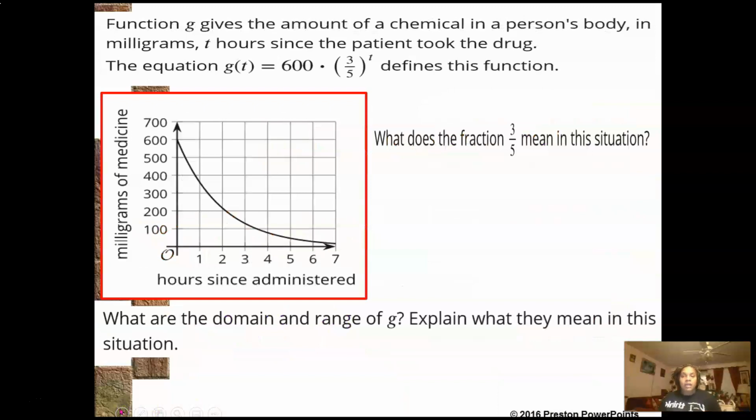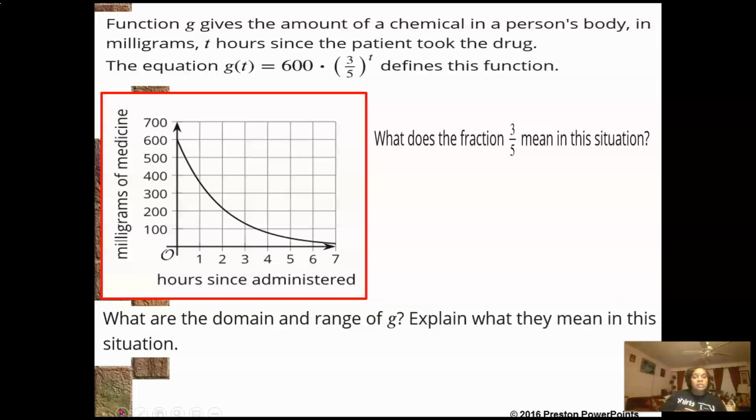So the function G gives the amount of chemical in a person's body in milligrams, t hours since the patient took the drug. The equation G of t is 600 times 3 over 5 to the power of t defines the function. What does 3 over 5 mean in this situation? What did we discuss? The b here means what? We know 600 is the milligrams of medicine that they start with.